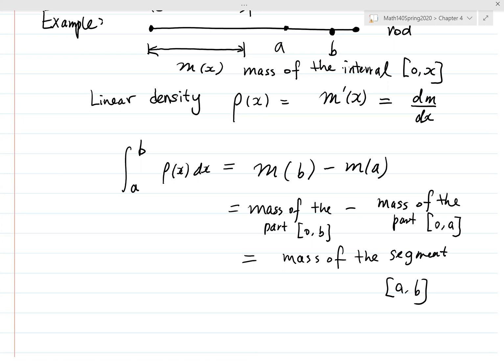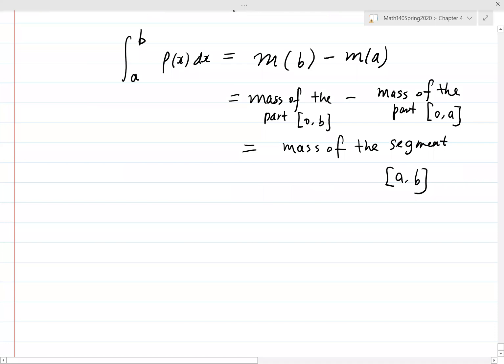Okay, another thing I forgot to mention is if we integrate speed. Be careful, speed and velocity can be different. By speed, we mean the magnitude of velocity. Remember, velocity can have direction. It can be positive or negative.